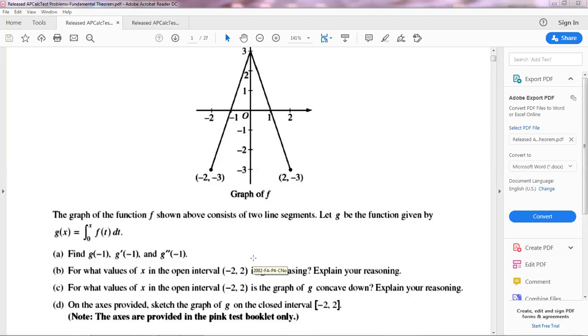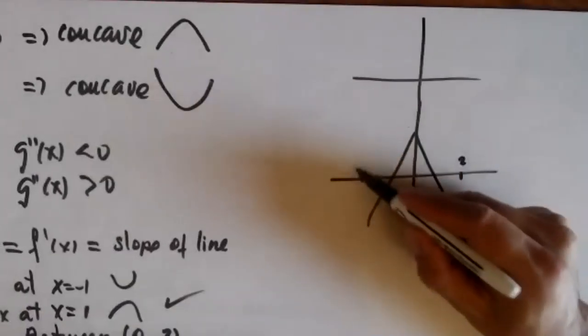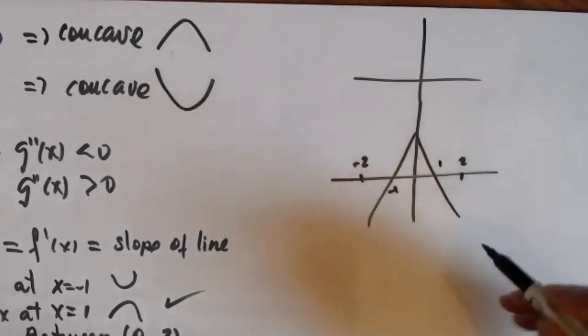D: on the axis provided, sketch the graph of g on the closed interval [-2, 2]. Okay, so I don't see the axis provided here, but what we have is, if this is the derivative, with marks at 2, -2, -1, 1, right?